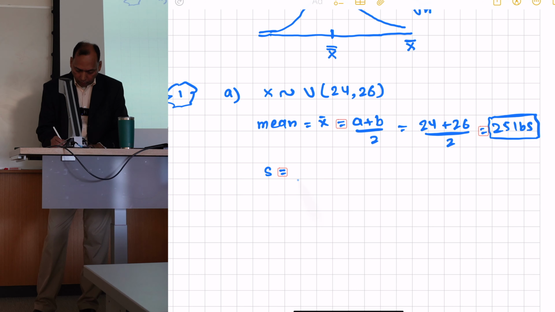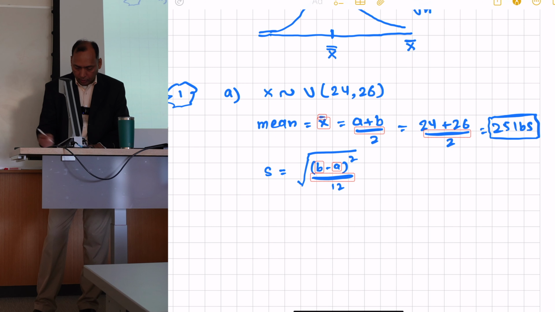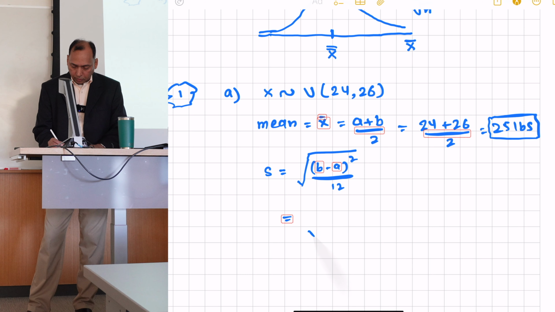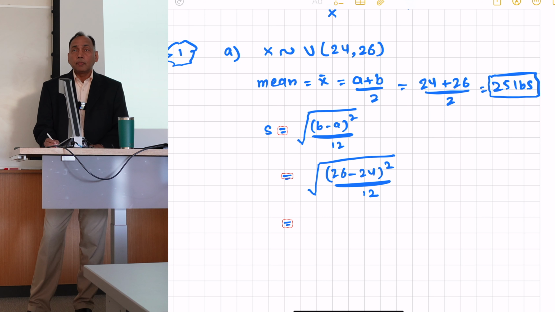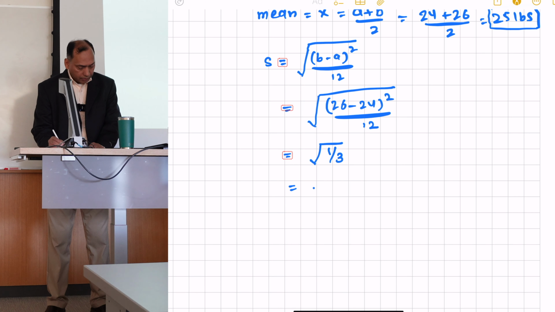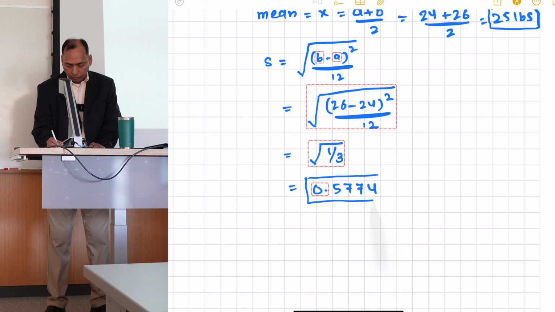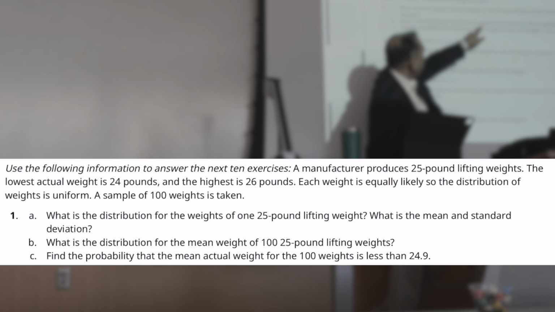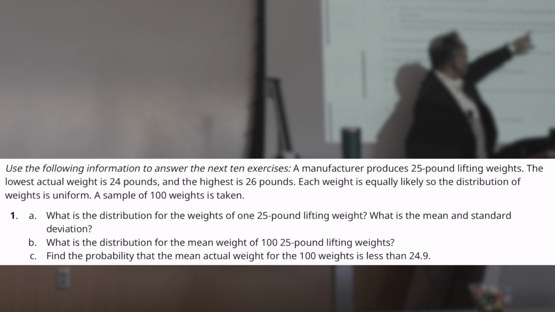If you recall, I had given this formula, (B minus A) whole square divided by 12 and square root of that. So if you plug in the values, B is 26, A is 24, whole square by 12. So 2 square is 4. So 4 by 12, square root of 1 by 3. If you simplify, you should get 0.5774.